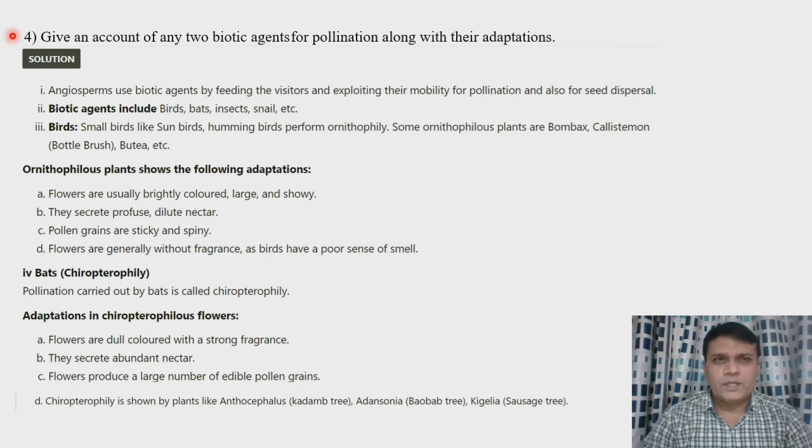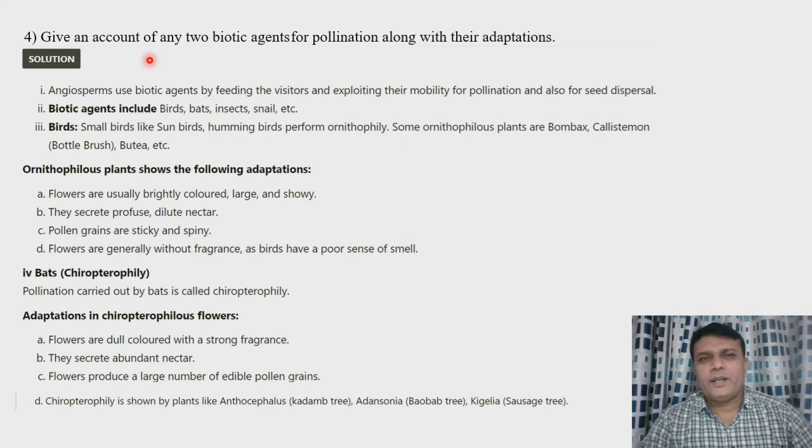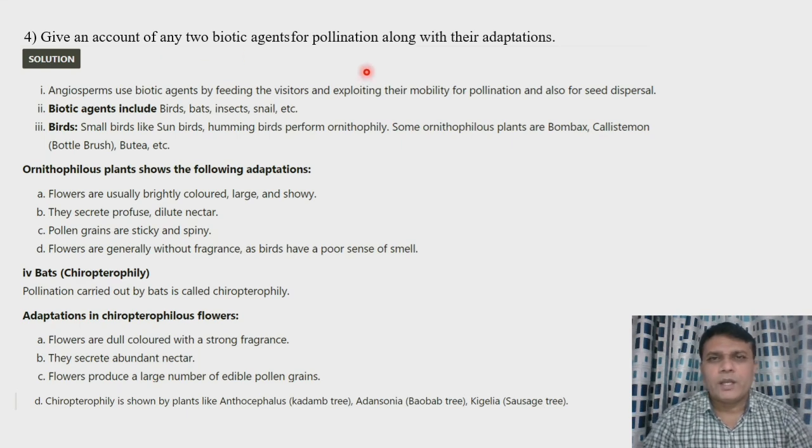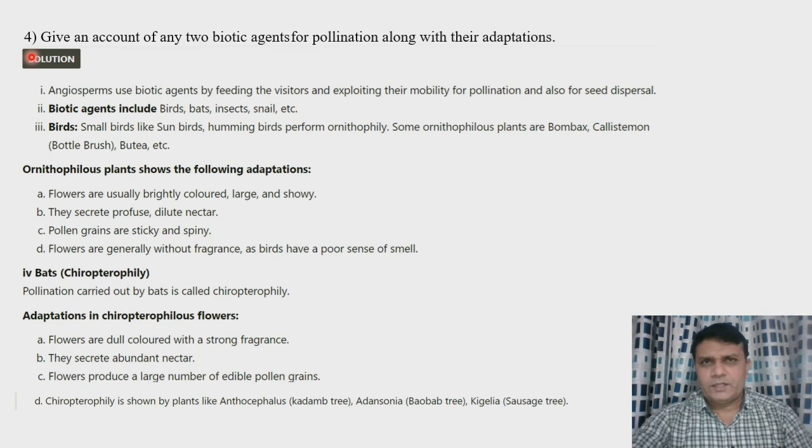Then the next question is, give an account of any two biotic agents for pollination along with their adaptations. Now you know that biotic agents are living organisms which carry out pollination, and there are three biotic agents, that is insect, bird and bats.